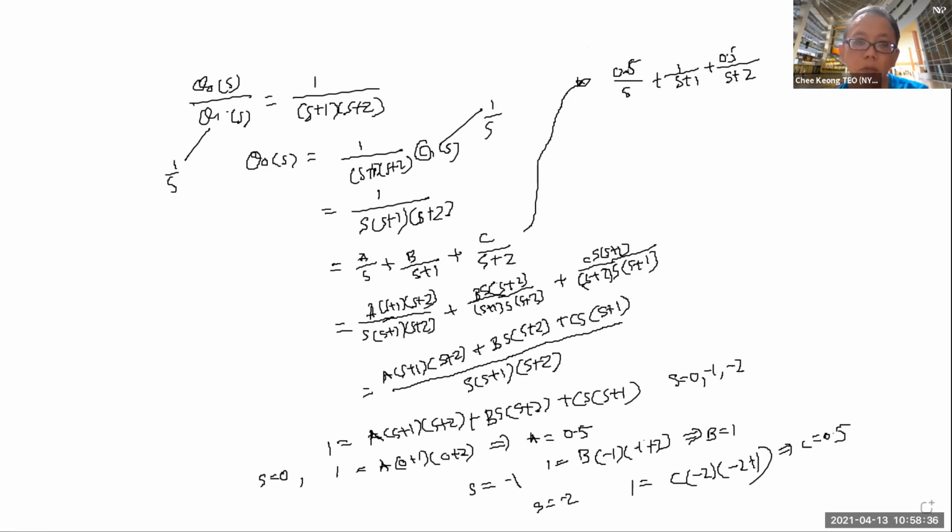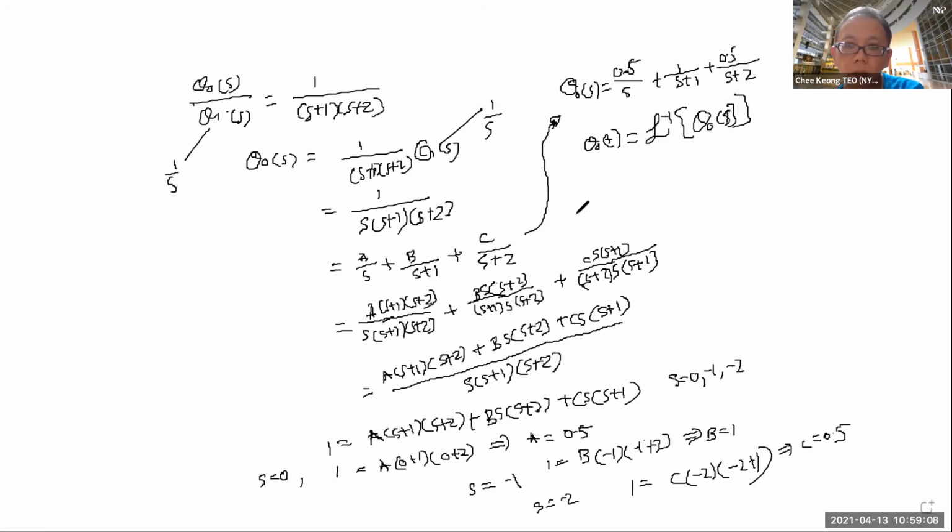So maybe I should give some space here. So theta naught s equals this. So this is actually here, right? Now, in order to find theta, which is the small theta of t, we have to take the Laplace inverse of theta naught s.